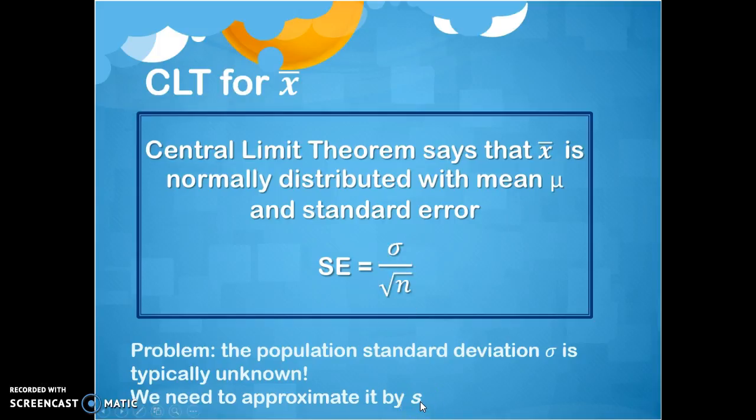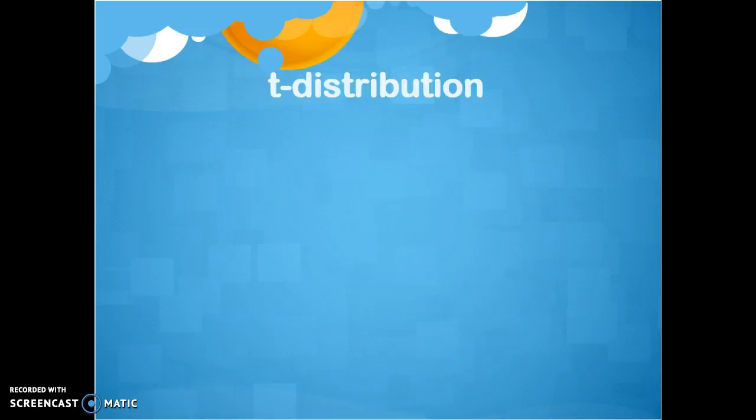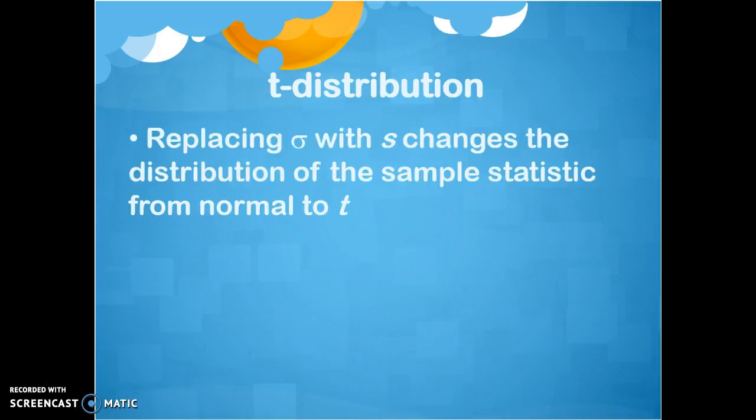I have an estimate. I have the sample standard deviation. So I can't use the normal distribution anymore. Instead, I use something called the magical t-distribution. Or it's just called the t-distribution, but it's really magical.